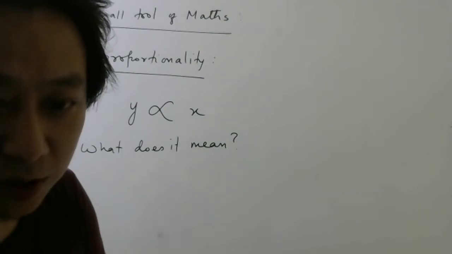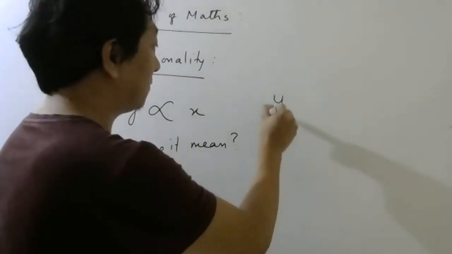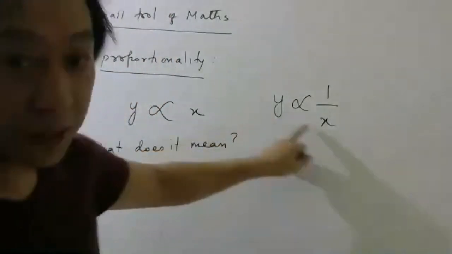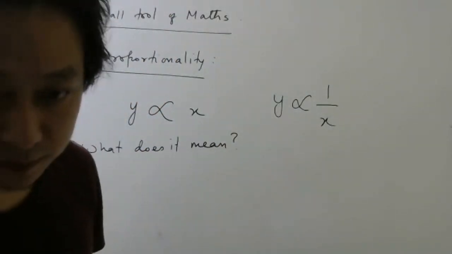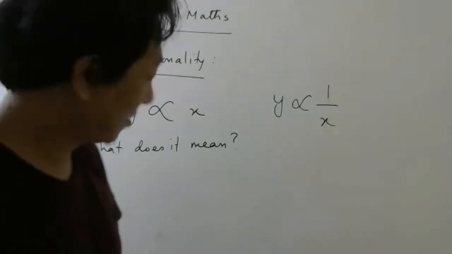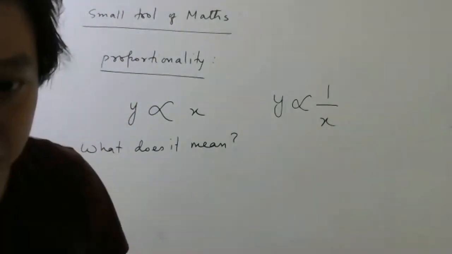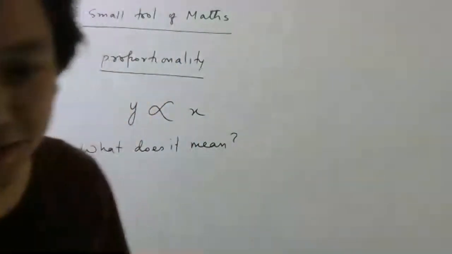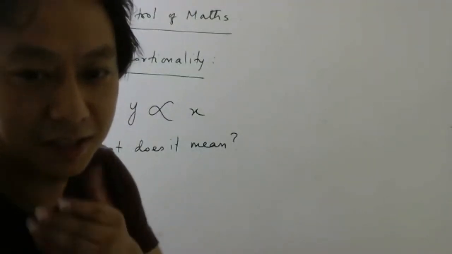No, y depends on x can be true for this also. Here also y depends on x. Some person is saying y is equal to x. Y changes with x. Okay, fine. Enough now. Let us discuss this.